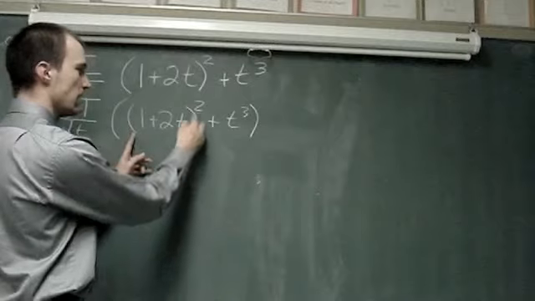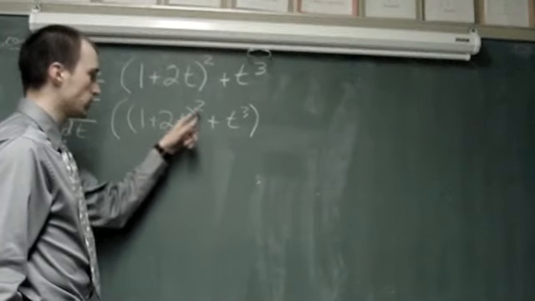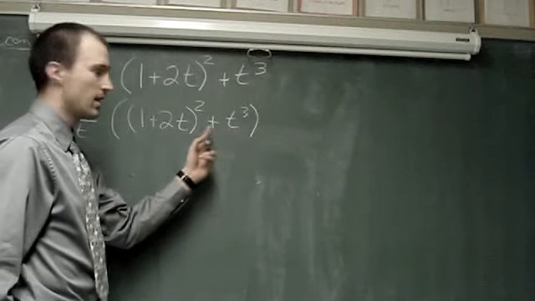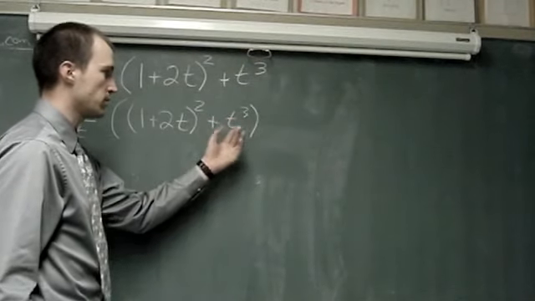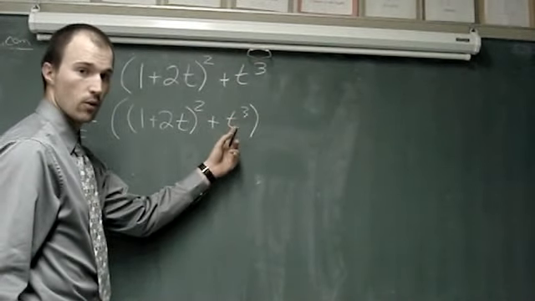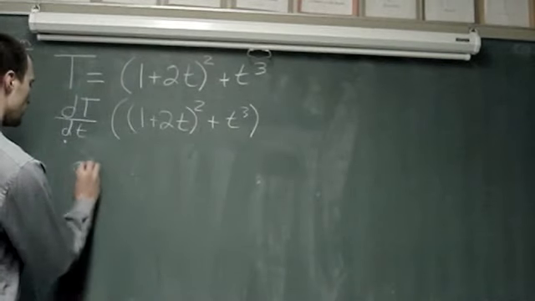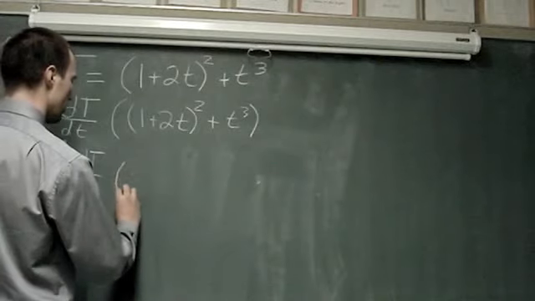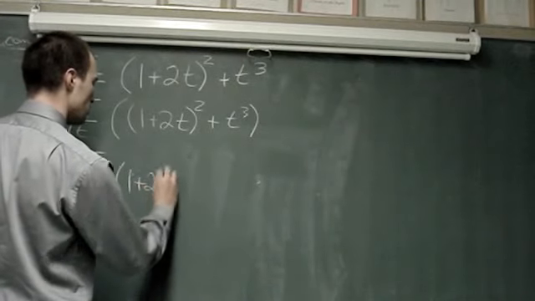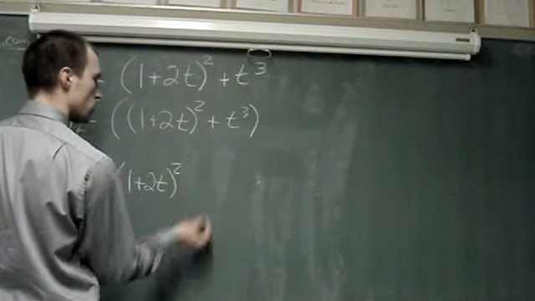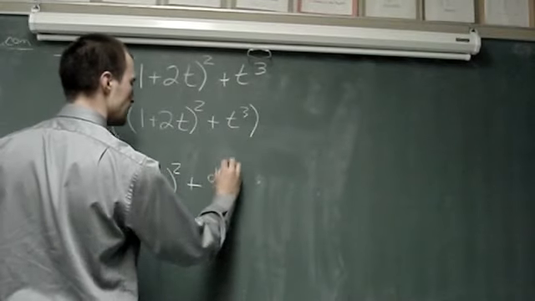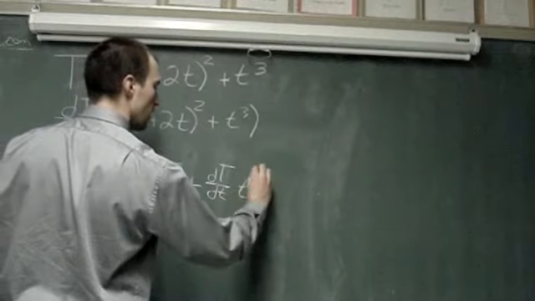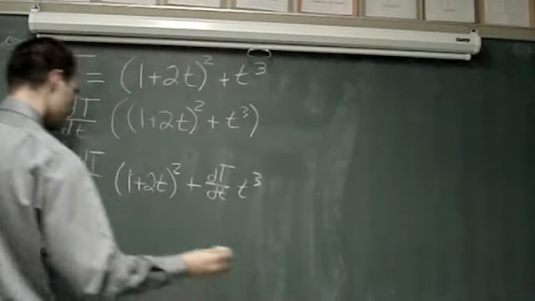One of our terms is a function to a power, so that'll be the general power rule, whereas here is our other simple term, and we can use the simple power rule. So this is going to be d capital T over dt of our (1 plus 2t) quantity squared plus d capital T over dt of t cubed.